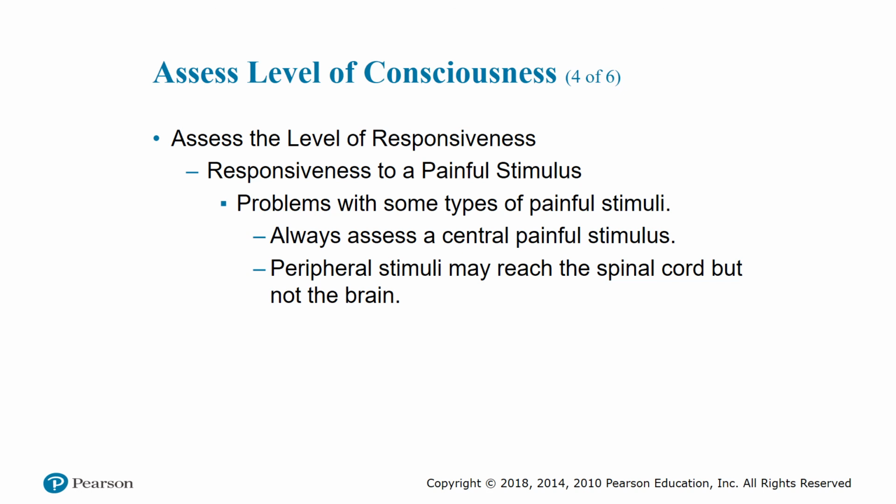Now we could get into a big long discussion about interneurons and axons and dendrites and everything else, but I don't want to go down this rabbit hole. Basically what they're telling you is that some actions are reflexive. They do not reflect purposeful movement.